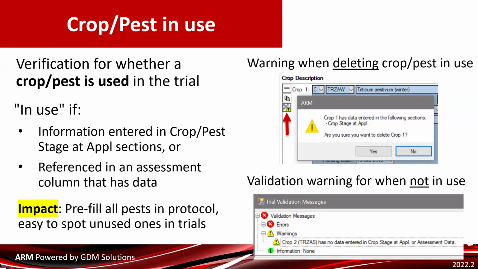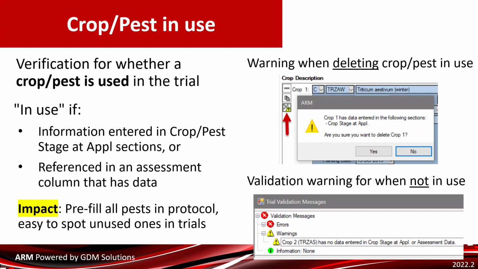This validation here is somewhat related to the limit validation list we saw earlier. It's just trying to cross-reference the crops or the pests that you have put in the trial, making sure they are referenced somewhere else in the study. Specifically, either the stage at application or in an assessment column.